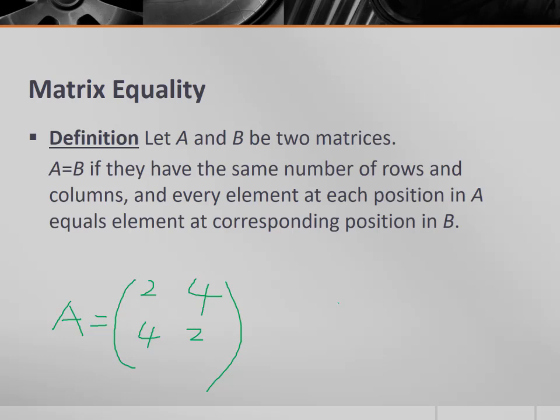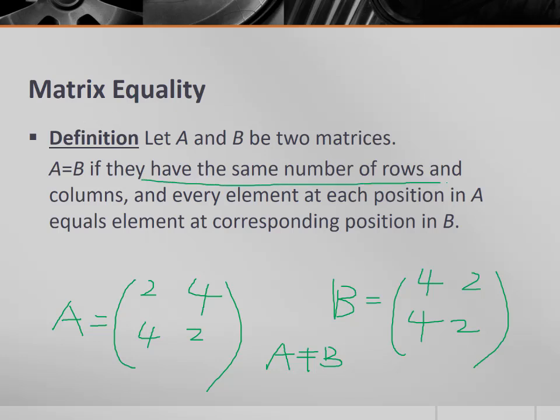If we have another matrix B, 4 2 4 2, are these two matrices equal? No, these matrices are not equal. Firstly, these two matrices have the same rows and columns, which satisfies the first requirement. But the second requirement does not match.